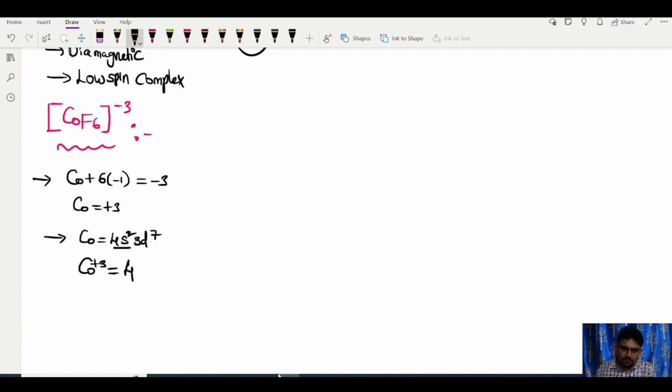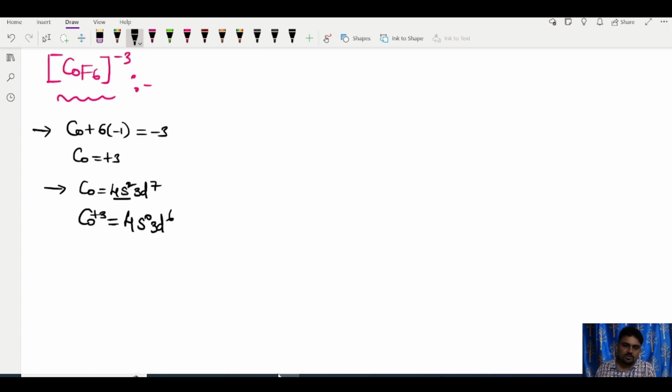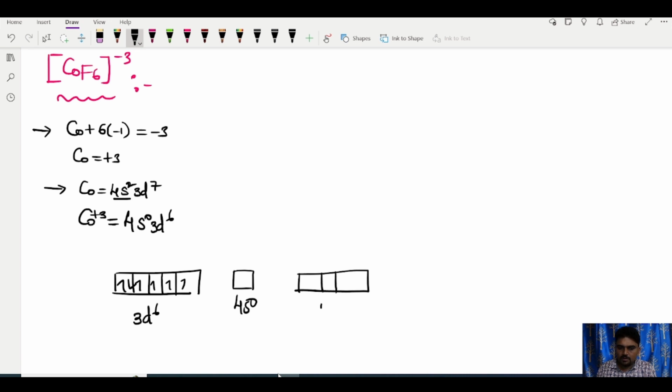So we will get 4s0 and 3d6. So 1, 2, 3, 4, 5, 6 in 3d, and 4s having 0 and 4p having 0.